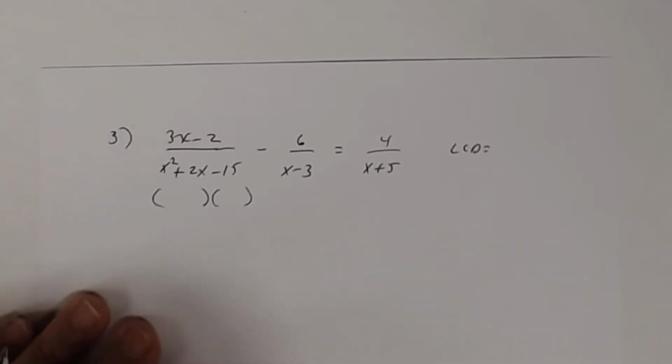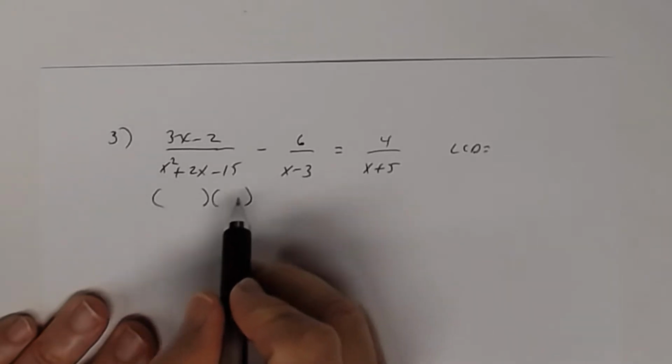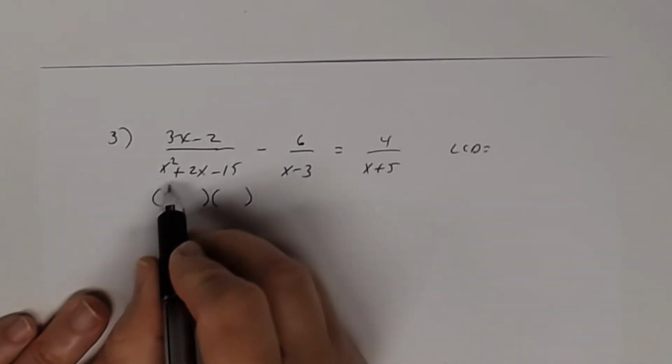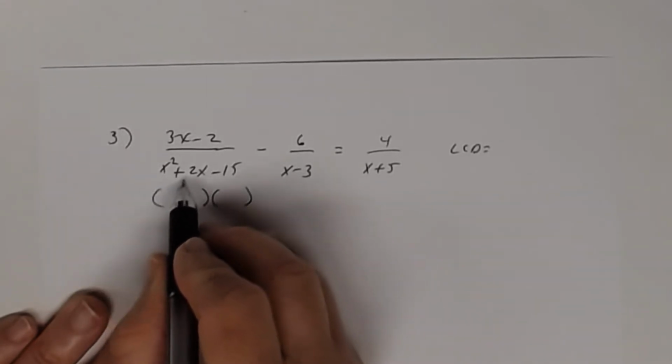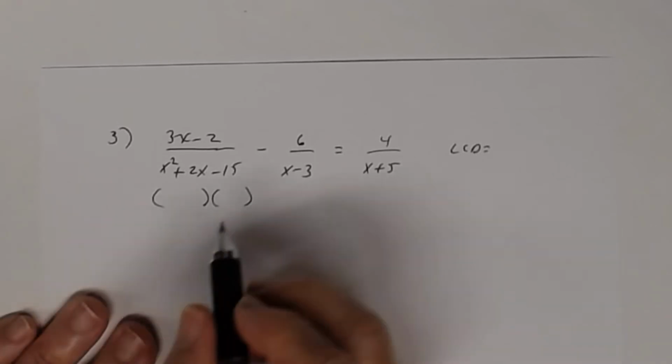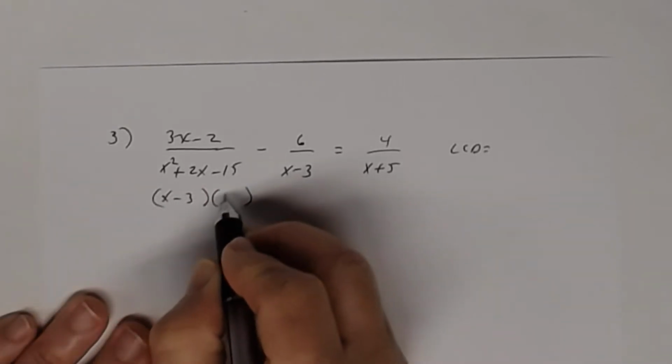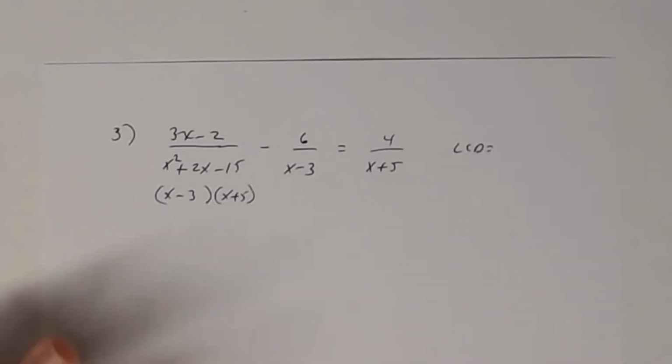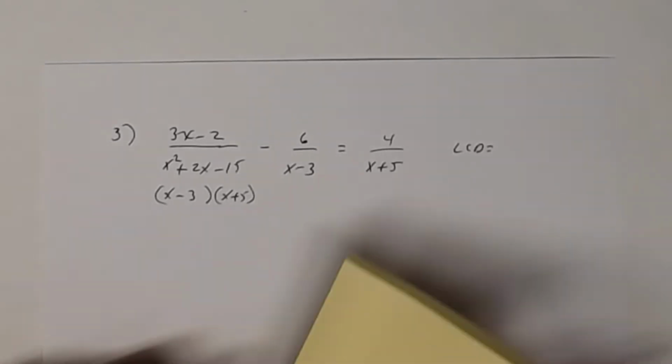Most of the time that'll be the case, but not always true. So if you do what I'm about to do, then you need to check it, right? You're probably going to say, well, I can factor x squared plus 2x minus 15 as x minus 3 times x plus 5. Well, you need to check that because that may not be true. So let's go ahead and check this.